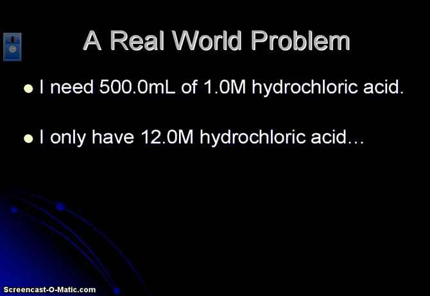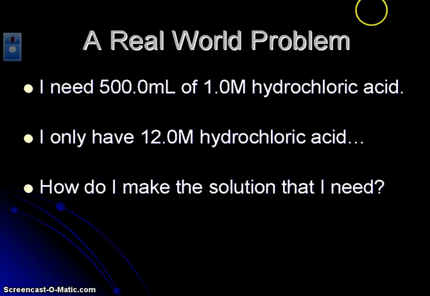So I can take the 12 molar hydrochloric acid and very cost effectively dilute it and use it instead of purchasing already made 1 molar hydrochloric acid. It's kind of like buying more concentrated laundry detergent so that you don't have to buy the giant bottles of laundry detergent. So now I have to figure out how to make the solution that I need.